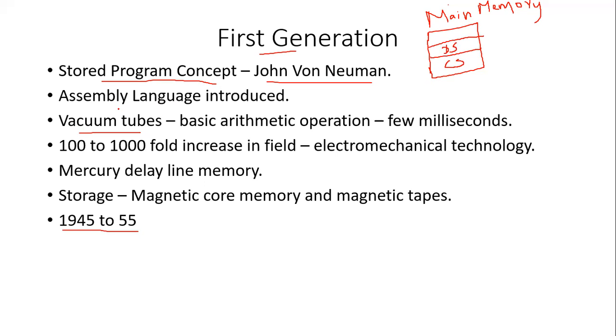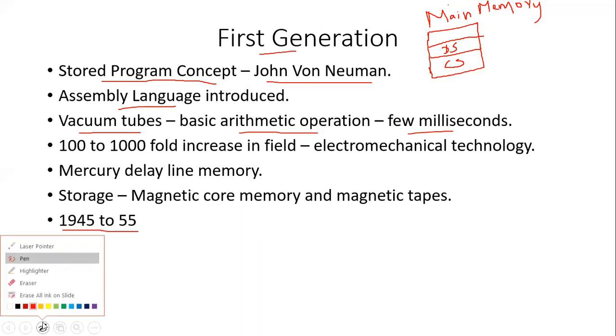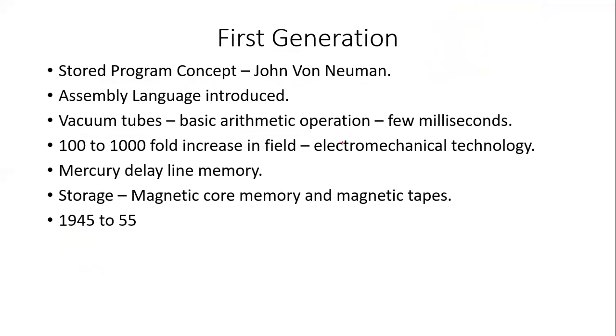Assembly language programming was also introduced. With the advent of vacuum tubes, basic arithmetic operations could be done at a much faster speed, in a few milliseconds, whereas prior to these first generation computers, mechanical or electromechanical computers took a few seconds to perform basic arithmetic operations.